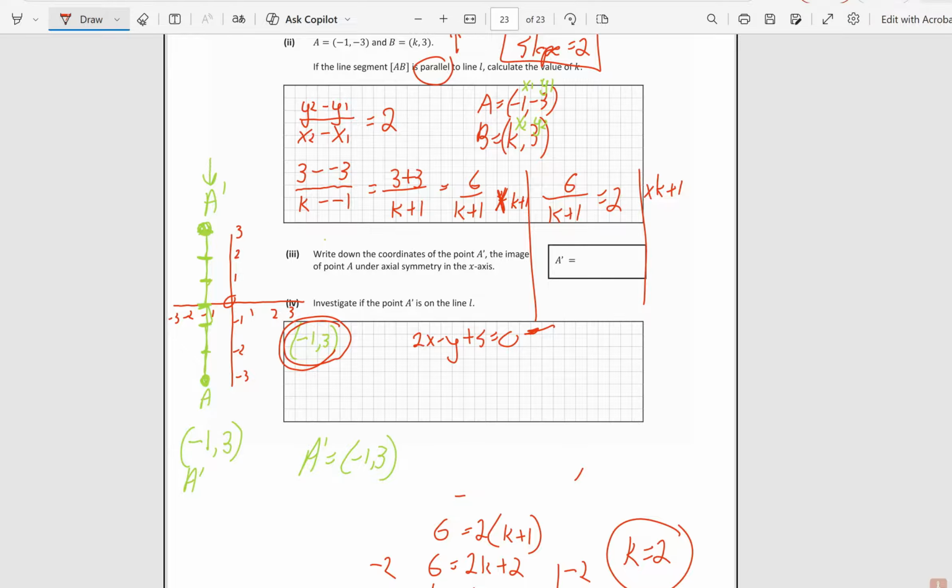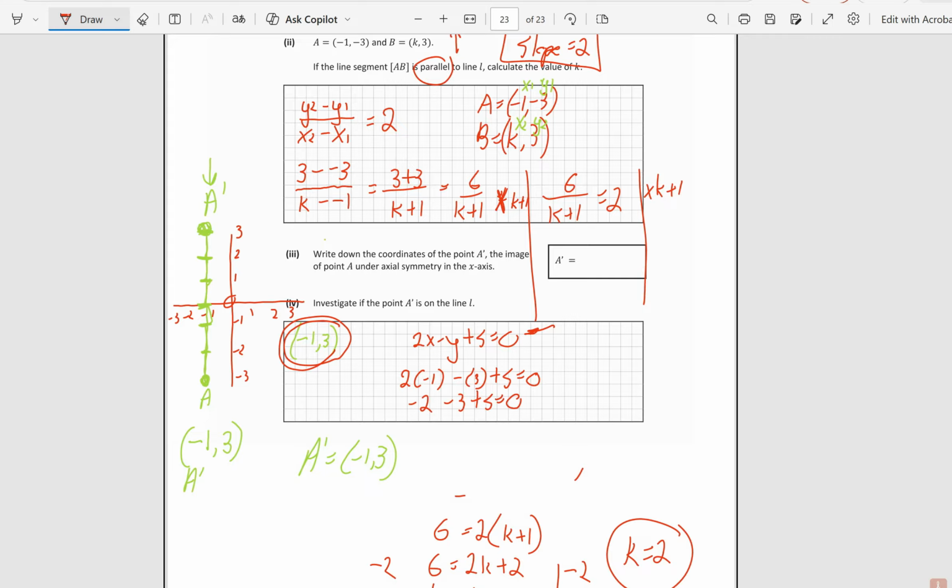So what we do is, we take our x number, we put it into the equation, we take our y number, we put it into the equation, we work it out, and if at the end it says 0 equals 0, then it is on the line. If it says something else equals 0, then it's not on the line. So here we go. 2x, we put in the minus 1, minus y, we put in the 3, plus 5 equals 0. 2 times minus 1 is minus 2, minus 3, plus 5 equals 0.